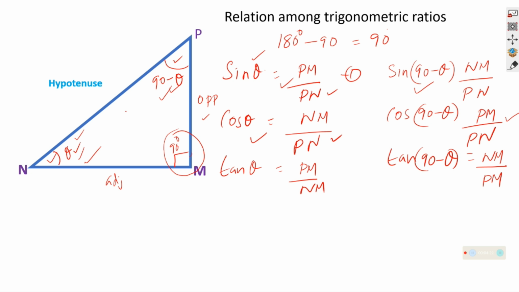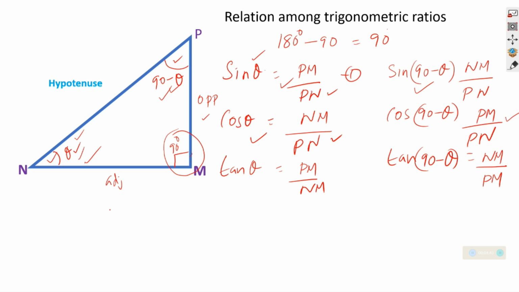The sin theta will become cos 90 minus theta, cos theta became sin 90 minus theta, and tan theta and tan 90 minus theta are inverses, Pm upon Nm and Nm upon Pm. From one ratio we are reaching another ratio. Understood? So we understood this relationship.